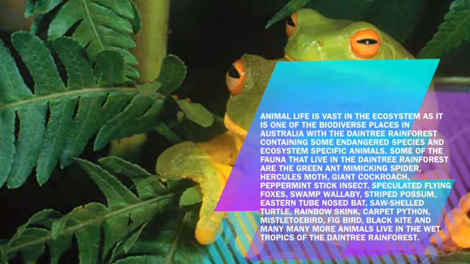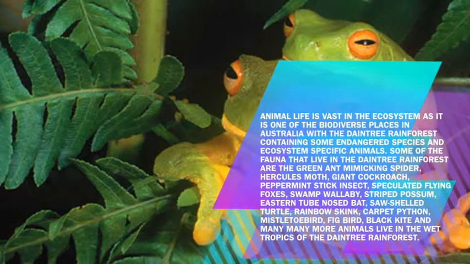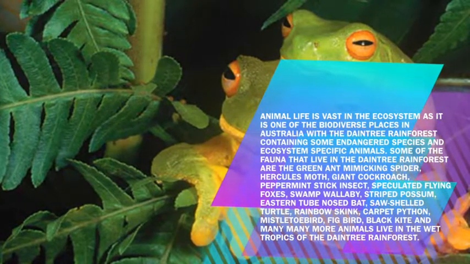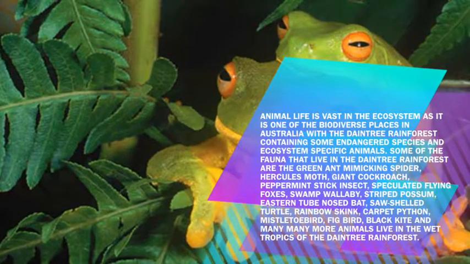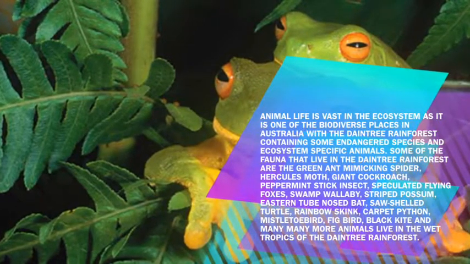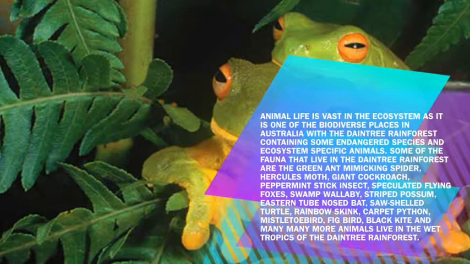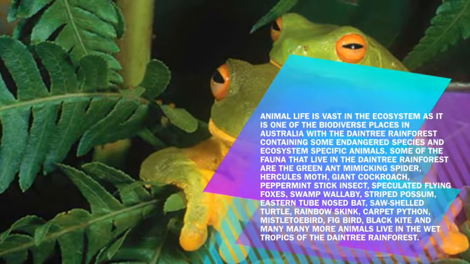Animal life is vast in the ecosystem, as it is one of the most biodiverse places in Australia, with the Daintree Rainforest containing some endangered species and ecosystem-specific animals.